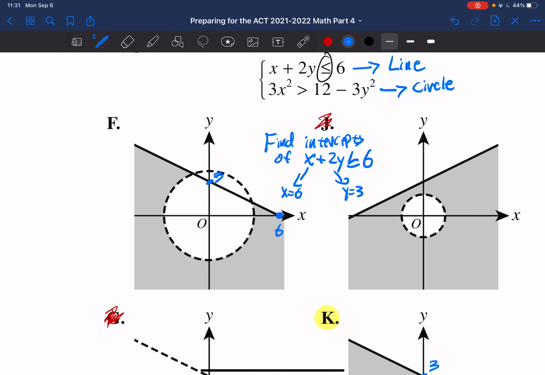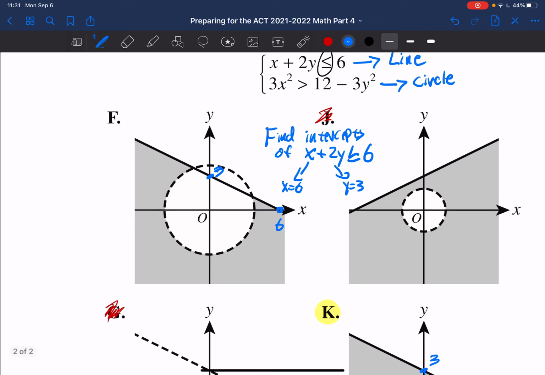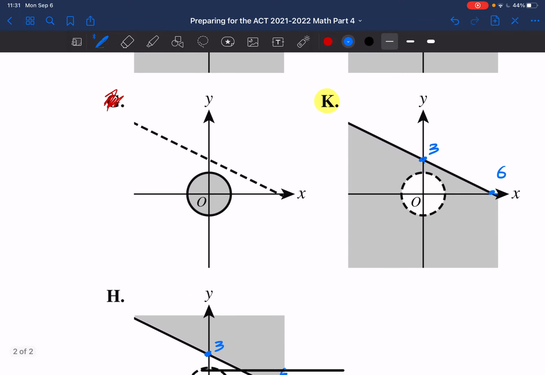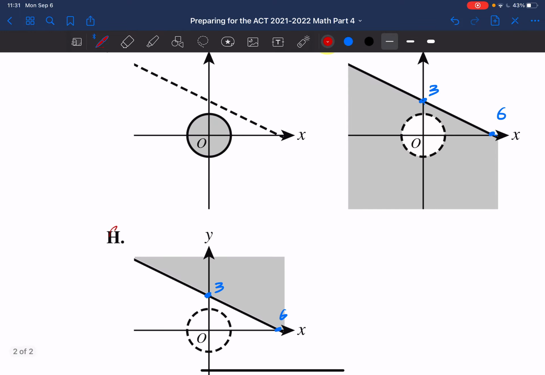And one quick test that I do is I ask, okay, should it be above the line or below the line? How do I know? Well, plug in 0, 0. It's the easiest point to plug in, and it's the easiest way to test. If x is 0 and y is 0, is that less than 6? Yes. Which means, should it be shading above or below? Well, it should be shading in the direction of the origin, which is below. Which means we can cross off letter H.